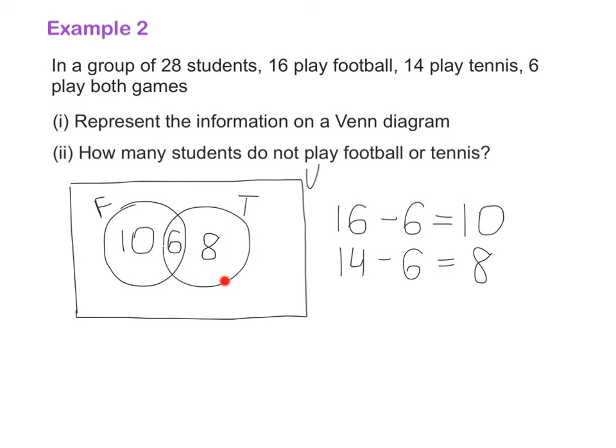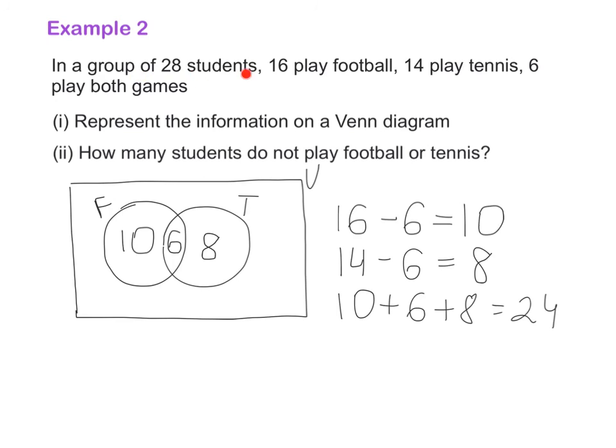So 14 students play tennis and 16 students play football. Okay, that's grand. What else can we see? How many students do we have here? 10 plus 6 plus 8. And this is 24.